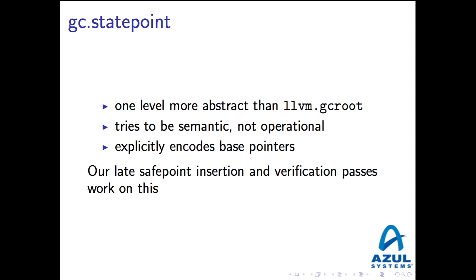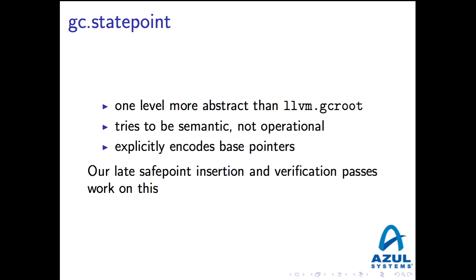So what we propose instead is a set of intrinsics that we collectively call the state point intrinsics. It tries to be one level more abstract than GC root in the sense that it does not specify a lowering strategy up front in the representation itself, but it just tries to express the abstract semantics of what a Safepoint poll could do.